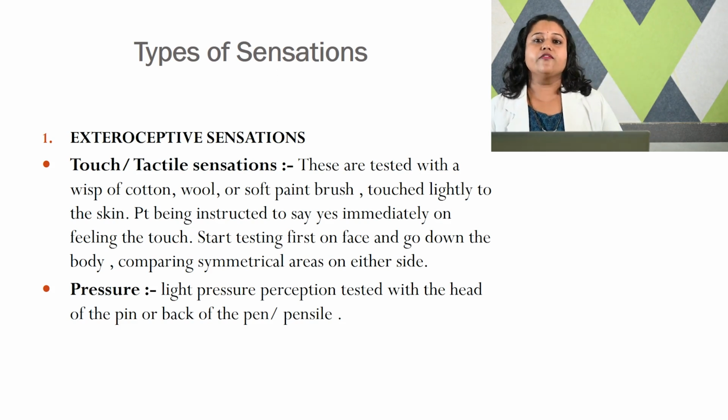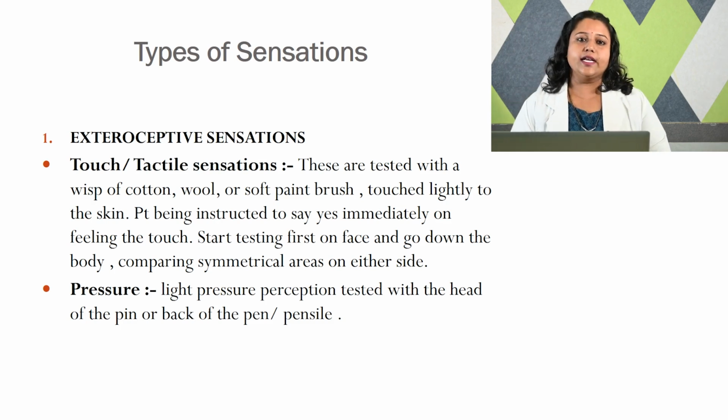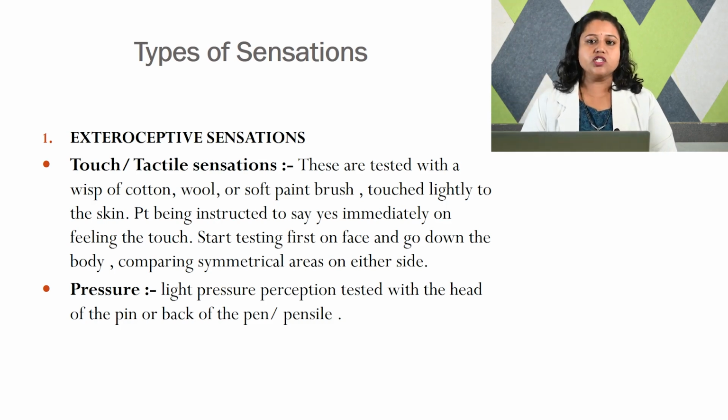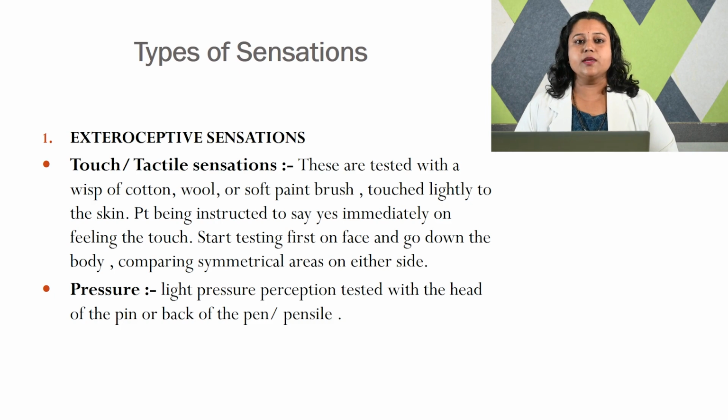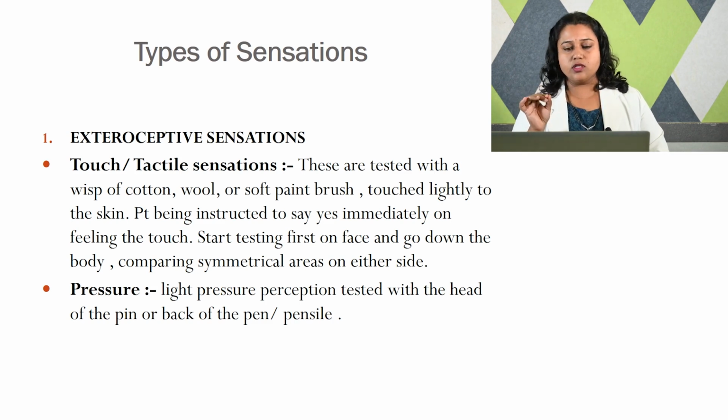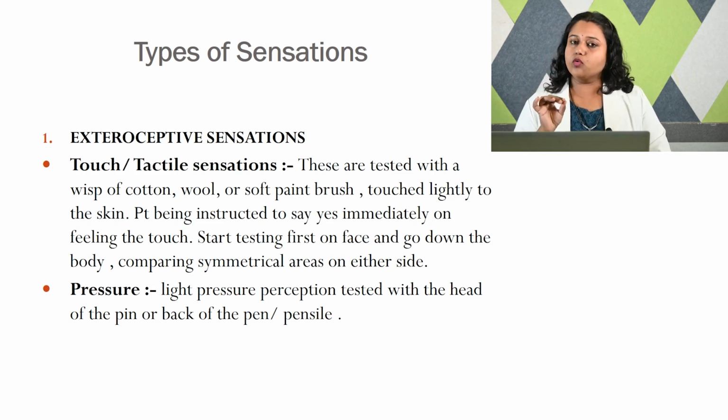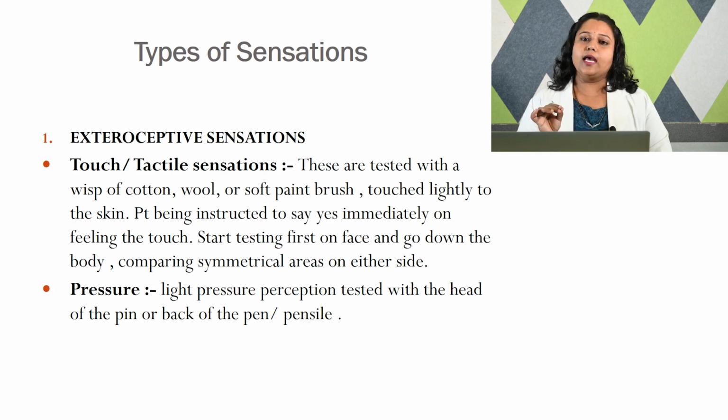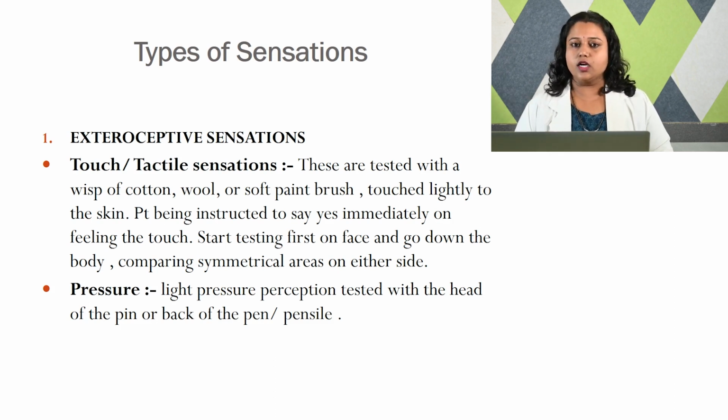These are tested with a wisp of cotton wool or a soft paintbrush touched lightly to the skin, and the patient is instructed to say yes immediately when he feels the touch. Take a cotton wisp and touch the particular dermatome of the patient where you want to perform the test, and the patient has to say yes immediately whenever he feels the touch.